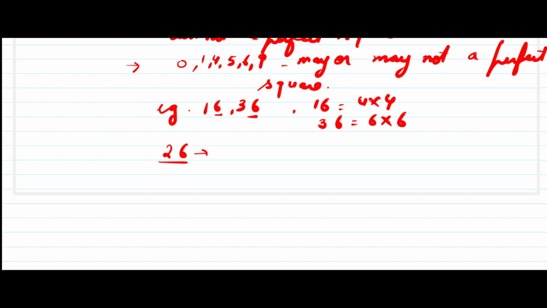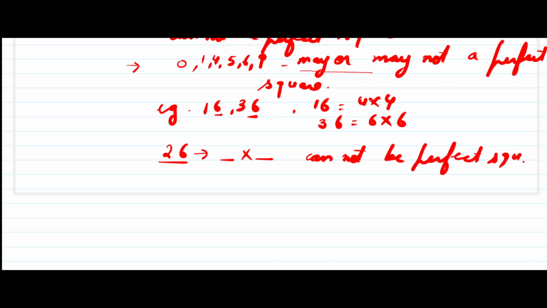Can you write 26 as a product of two same numbers? No, right? So 26 cannot be a perfect square. You're getting that? That's why I have used the words may or may not. Must note this.